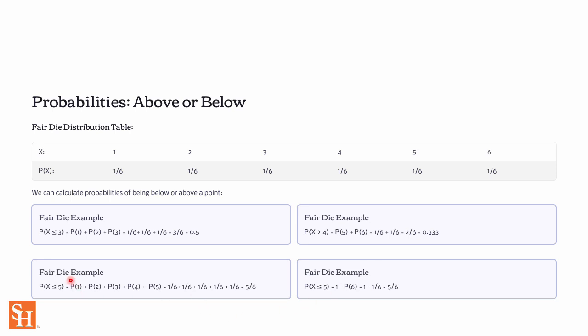Similarly, if you are asked what is the probability that at least 5 will appear, at least 5 means it could show either 1, 2, 3, 4 or 5, right? And if you take the sum of all of these probabilities, you will get this number, right?